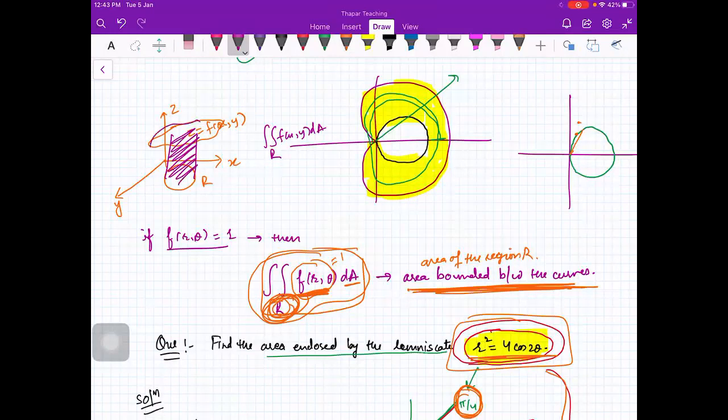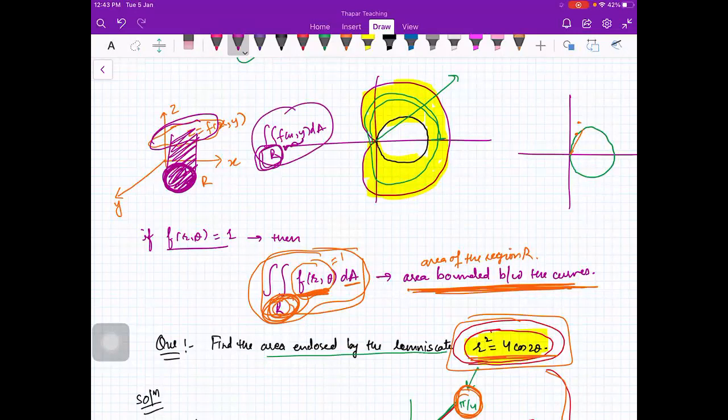And if I make f(x, y) equal to 1, then this volume will be equal to this area. If the height is 1, then the volume is nothing but the area of the base. So if we take it equal to 1, then this quantity becomes area of region R.